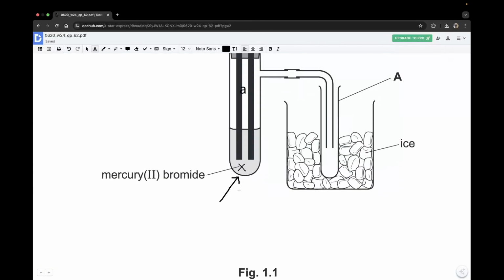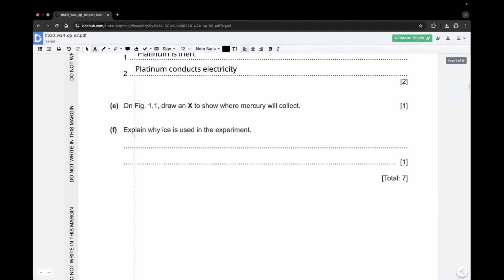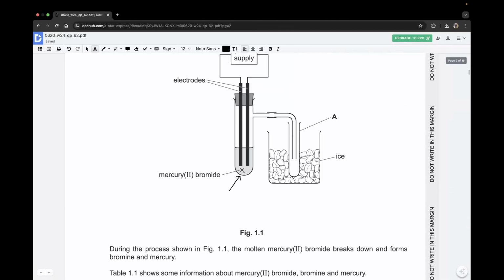All right, and now the last question. Explain why ice is used in the experiment. You go back here, you see that ice is being used here, and as I said before, in this boiling tube, bromine will be collected. Mercury will stay here, and bromine is going to come through this tube here and be collected over here. But that will be in the form of a gas, and you can't really contain a gas in that way.